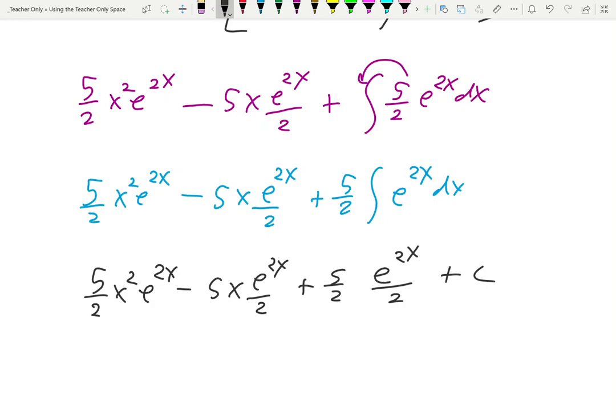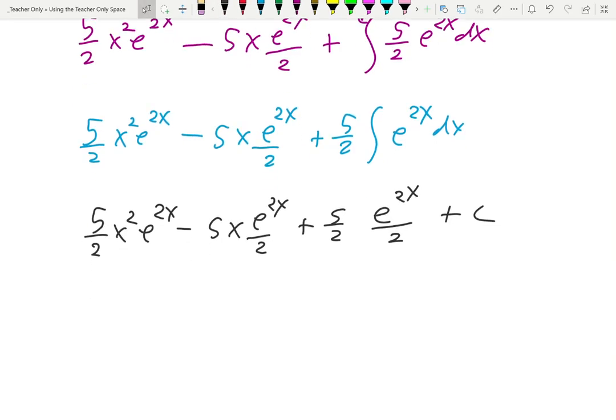So now, if we wanted to do a tiny rewrite, what we could notice is I have a 5 halves here. I have a 5 halves kind of looking diagonally here. And then I have a 5 halves here. So I'm going to factor out a 5 halves. So this will be 5 halves times x squared e to the 2x minus x. And actually, hold on. Wait.